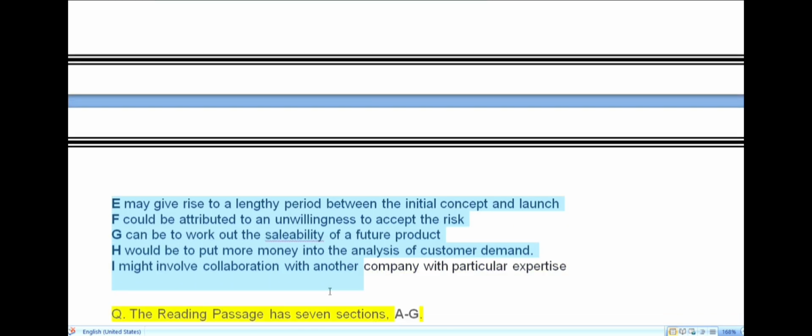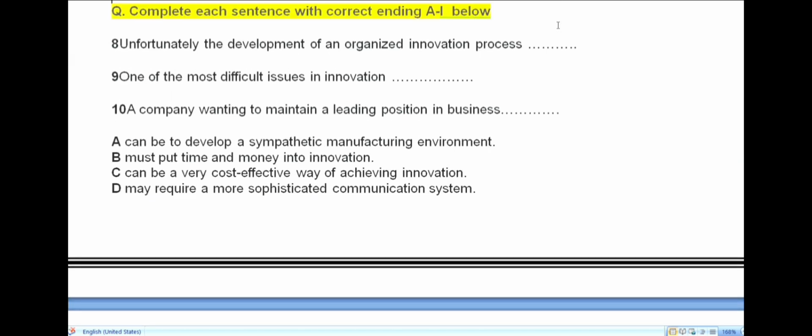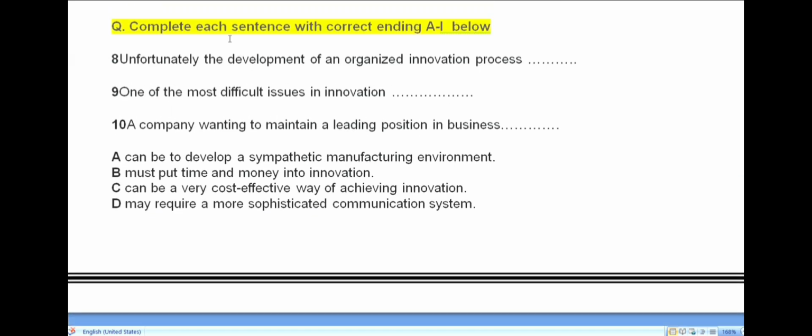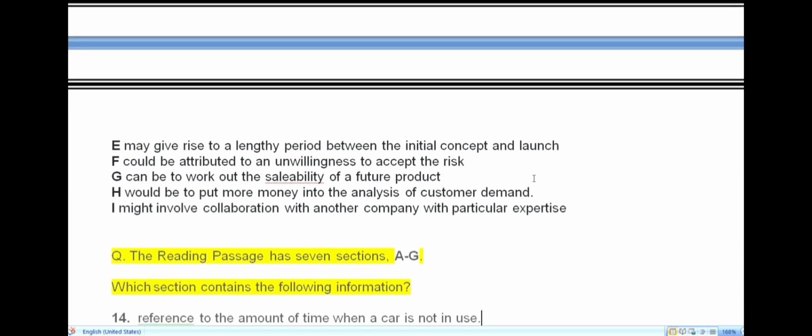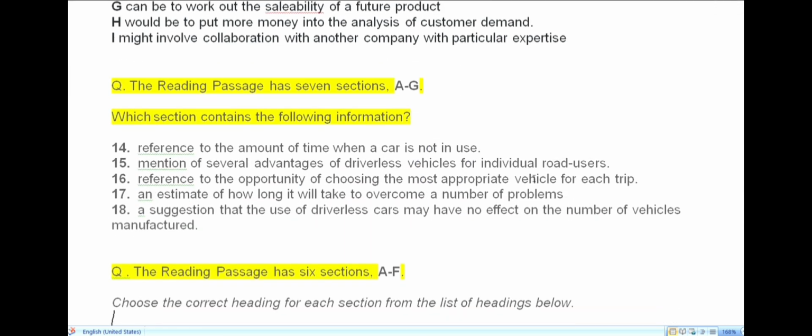Your task is to match the correct ending with the relevant statement here. For example, for question number 8, if it is option A, you write capital letter A. Similarly, we have another question type, which is which section contains the following information.